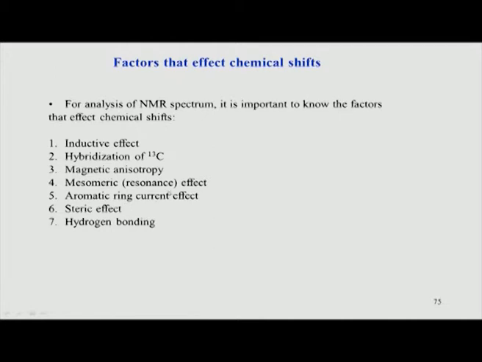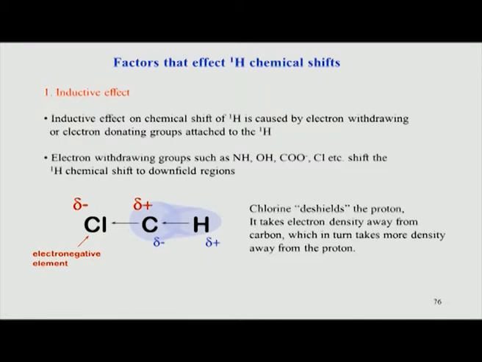How does that influence the chemical shift value? So, what is an inductive effect? It is a very simple concept. Suppose you have an electronegative atom such as chlorine, oxygen, or nitrogen. These electronegative atoms draw the electron cloud towards themselves if they are attached to a more electropositive atom.